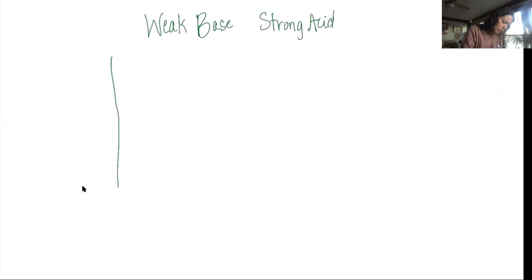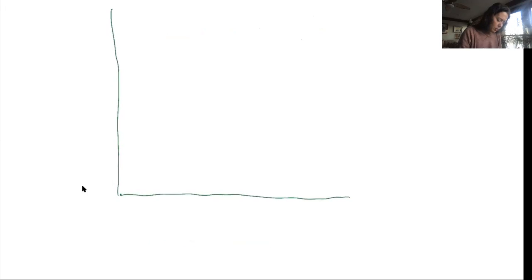Opposite scenario, we have a weak base in titration with a strong acid. All right, so draw your graph. And this time we've got volume of titrant here. We've got the pH on the left.